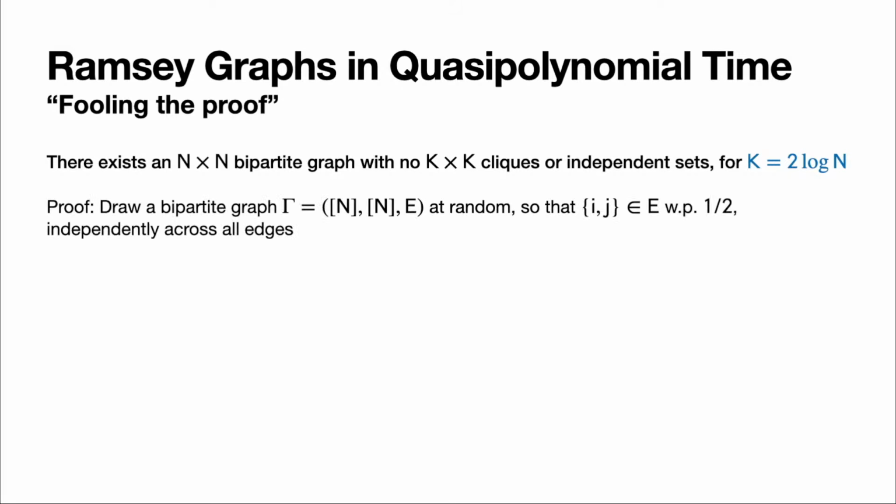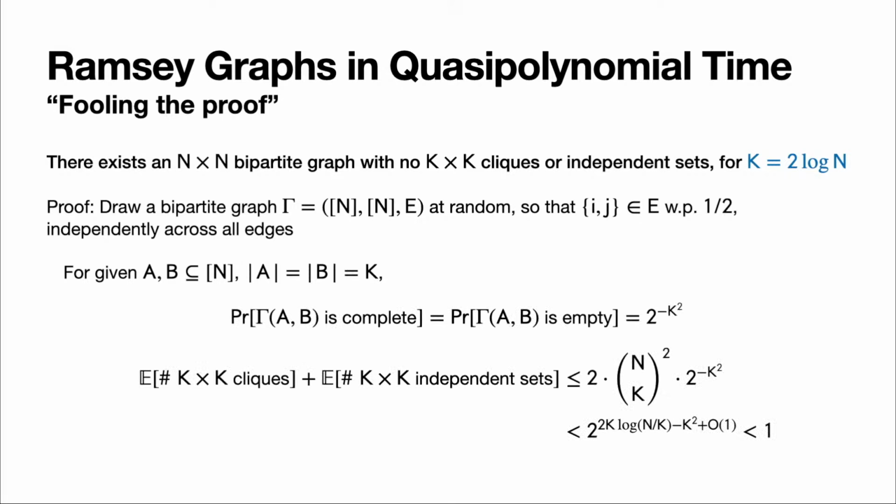Easy. We draw a bipartite graph at random. Each pair is an edge with probability half. And now for given subsets of size k, what's the probability that the induced subgraph is complete or the induced subgraph is empty? It's exactly 2 to the minus k squared. Okay, do you see it?